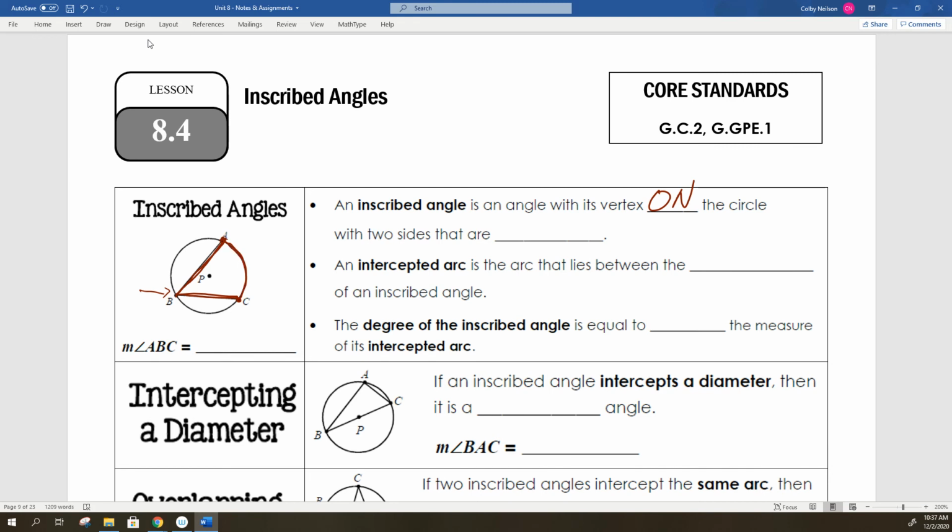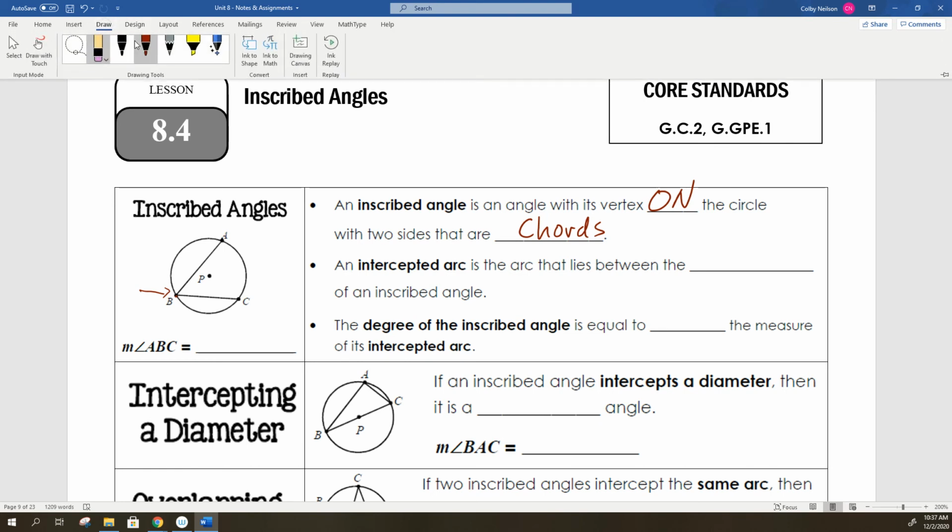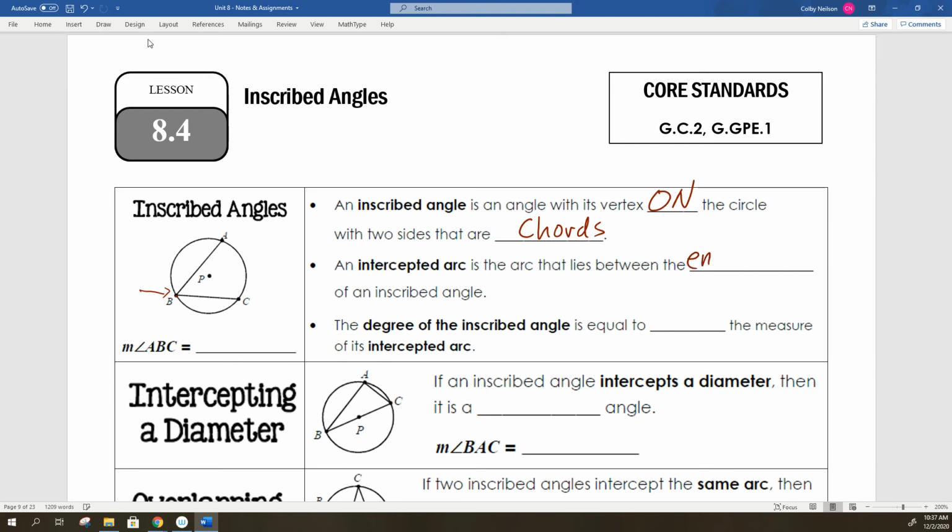It says two sides that are chords, I think I mentioned that. An intercepted arc is the arc that I was just telling you about that lies between the endpoints of the inscribed angle.